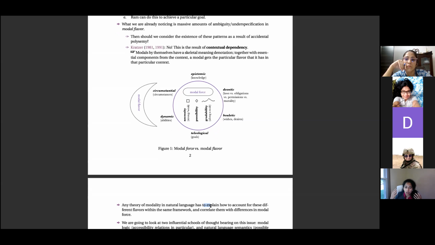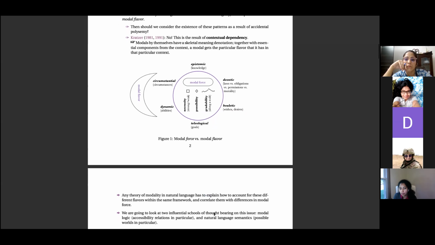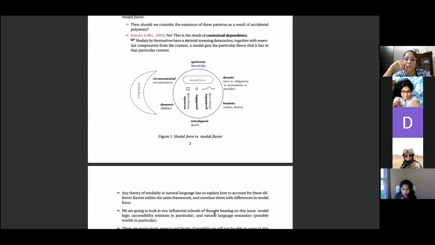Now, modal logic work on modality is very far advanced. But this was one of the fundamental questions that Kratzer, for example, was grappling with in linguistics. The logicians were not that interested in this question because it has to do with natural language. But over today and tomorrow, I want to look at ways we can answer this fundamental question: how can we account for these differences within the same framework and then correlate them with differences in modal force?